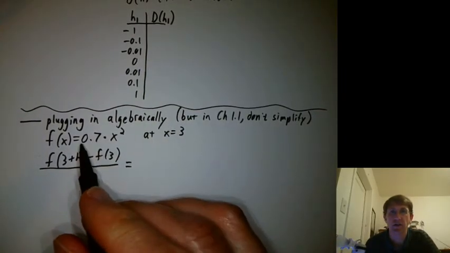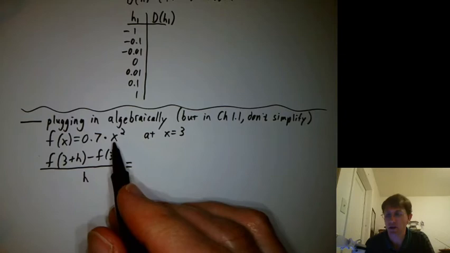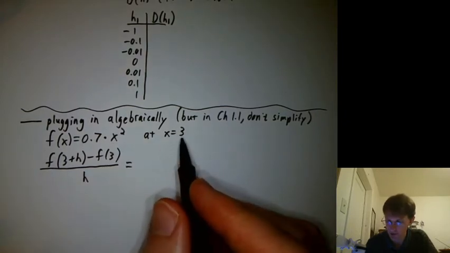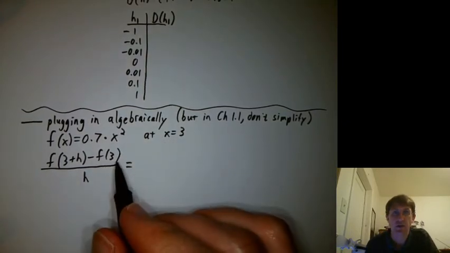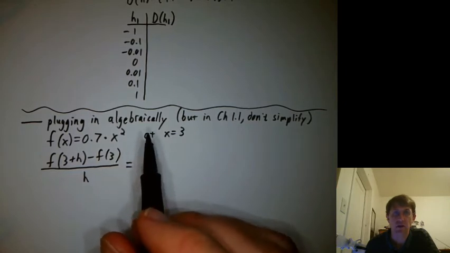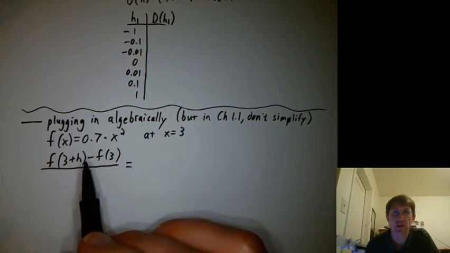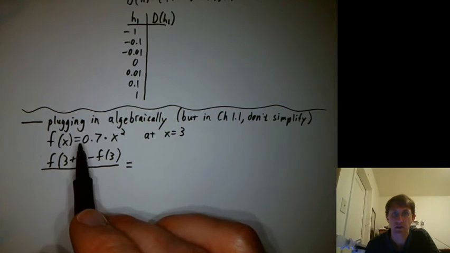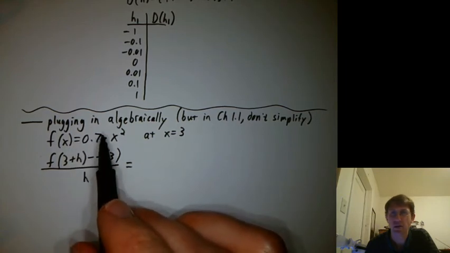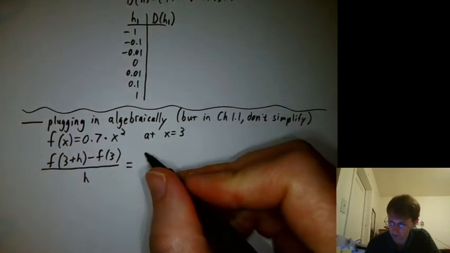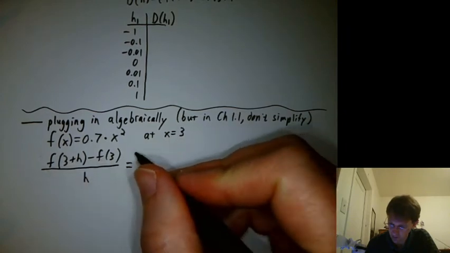All right, I've switched examples here. Let's use 0.7x squared as our main function at x equals 3. Here's how we would write the difference quotient. And now we want to plug in the 3 plus h to the f of x function, and then plug in the 3. Plugging in the 3 isn't the hard part, but let's just imagine what we're going to do here.